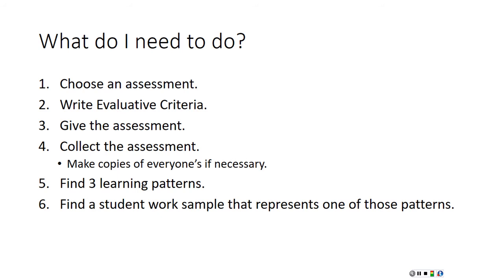Because what you want to do in this assignment and in task 3 is to have 2 types of evidence. You're going to be making some claims. I'm making a claim that my students keep messing up this type of problem because of their handwriting.